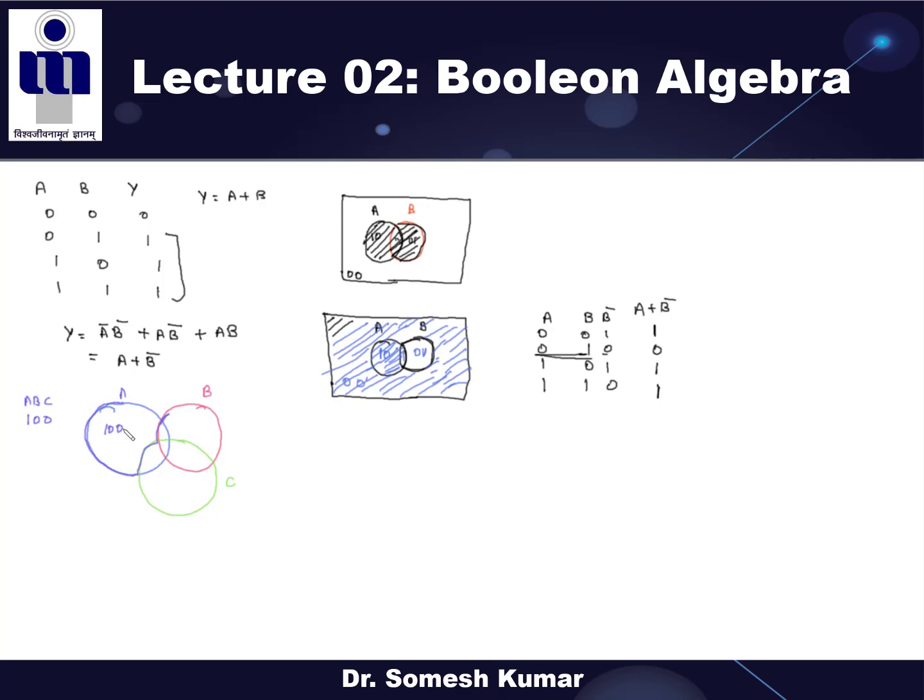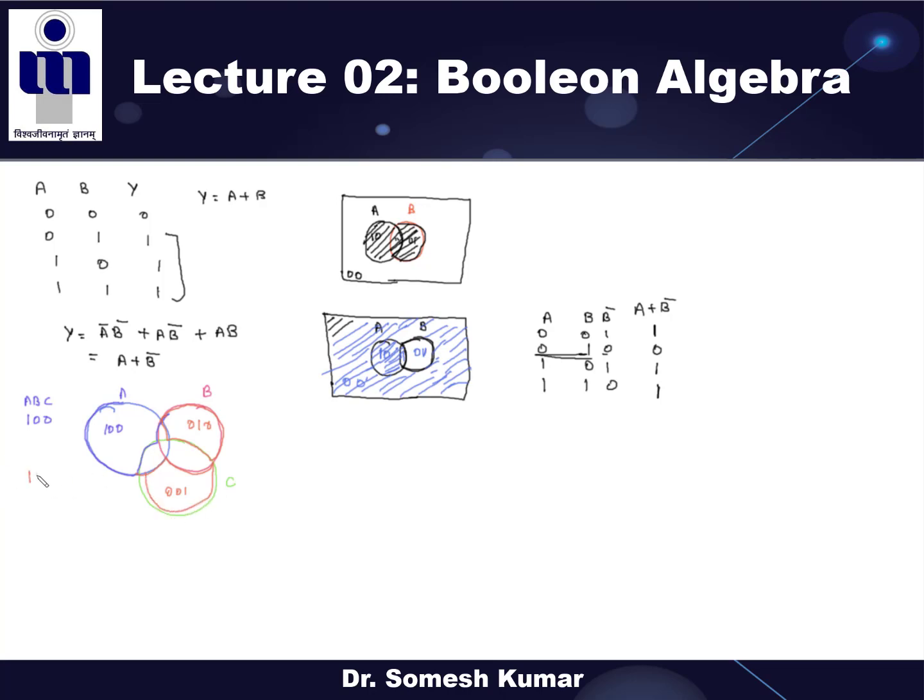Now, what is 0 1 0? Right? In that there is only this part, right? Clear? And what is 0 0 1? This part, right? In which there is no A and B, this part, right? Clear?